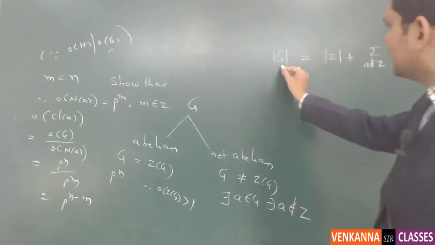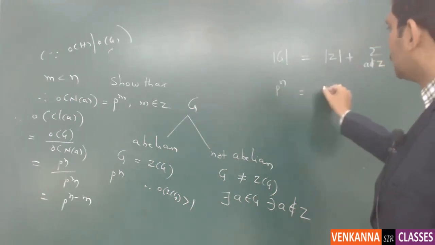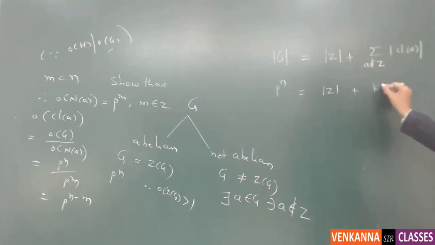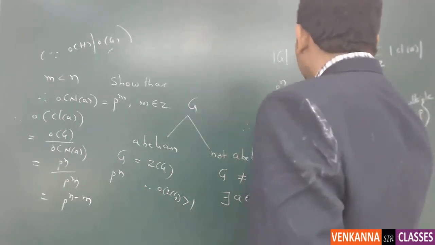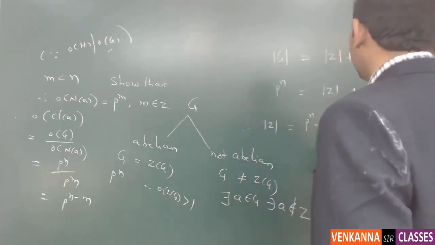So here you can say that order of G is given by P power n. Order of Z we don't know. Here it is Kp, since the order of each conjugacy class is a multiple of P. From this you can say that order of Z is equal to P power n minus Kp.